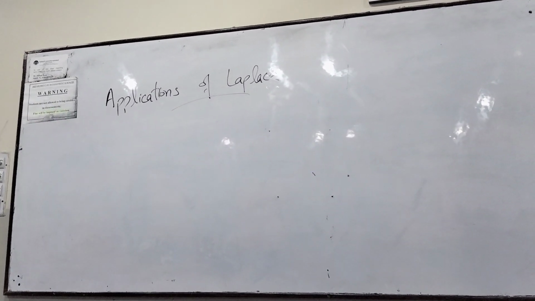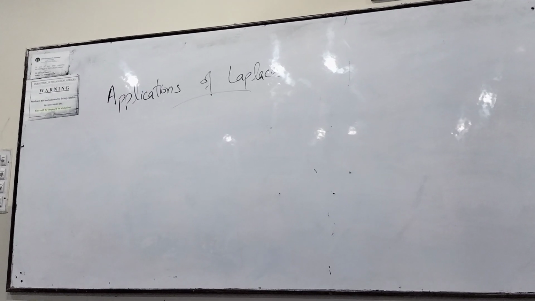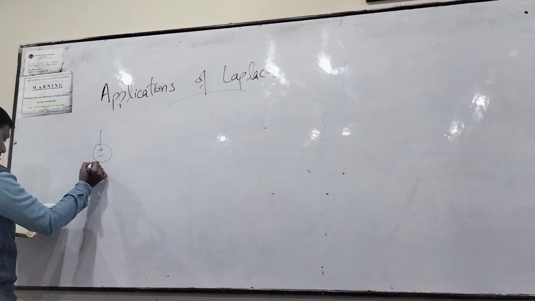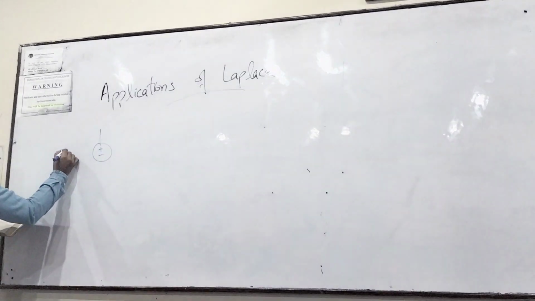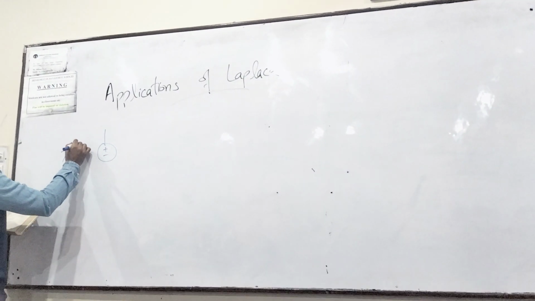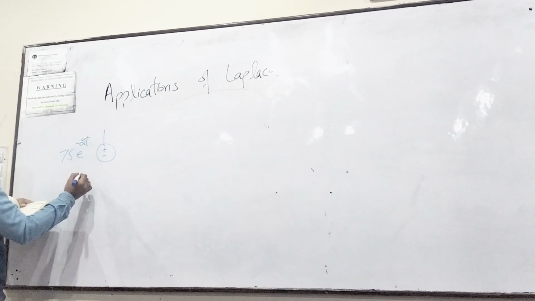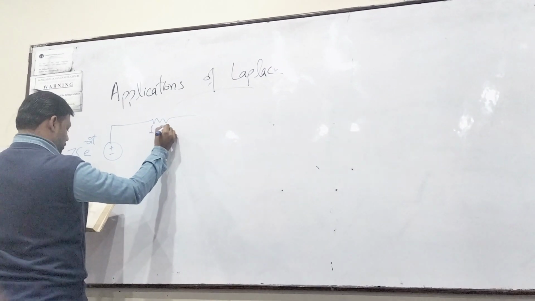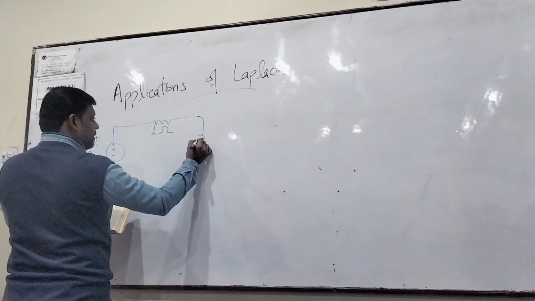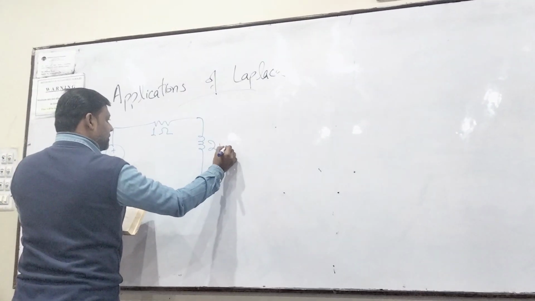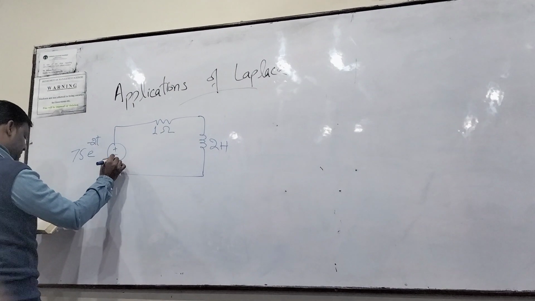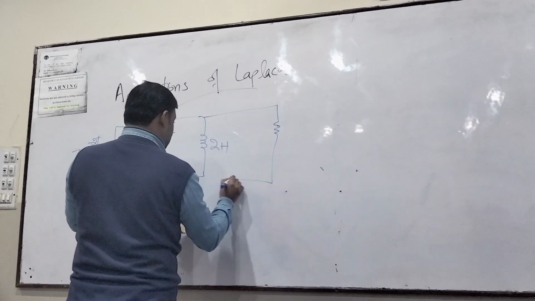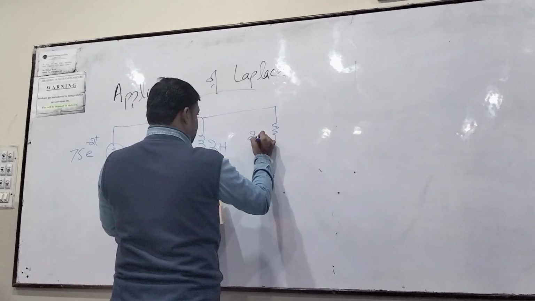In practice problem 16.2, 75 exponential of minus 2t, 1 ohm, 2 Henry, 2 ohm.